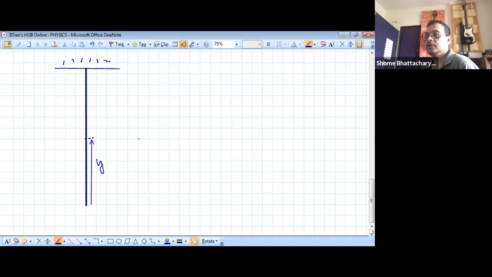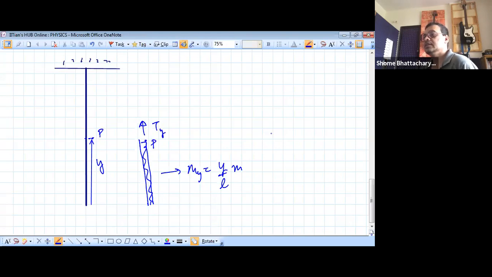At this point, if you make a free body diagram of this section of the rope, which is below, it has a mass which is y by L times the total mass. Let's say this point is P.